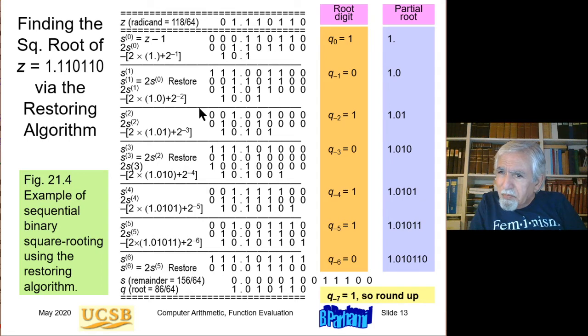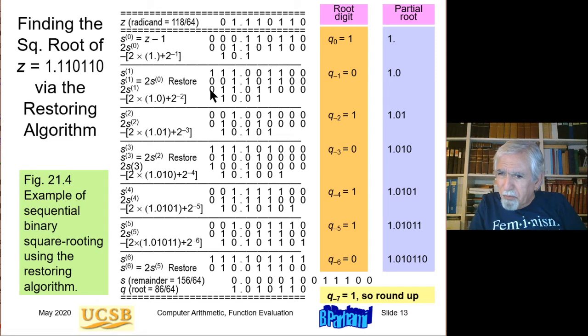So the sign bit is 1, therefore the result went negative, which was predictable because you see here, this is 1 point something, this is 2 point something. Okay, result went negative. Restore the partial remainder to S0, which was up here. Then left shift, repeat the process.